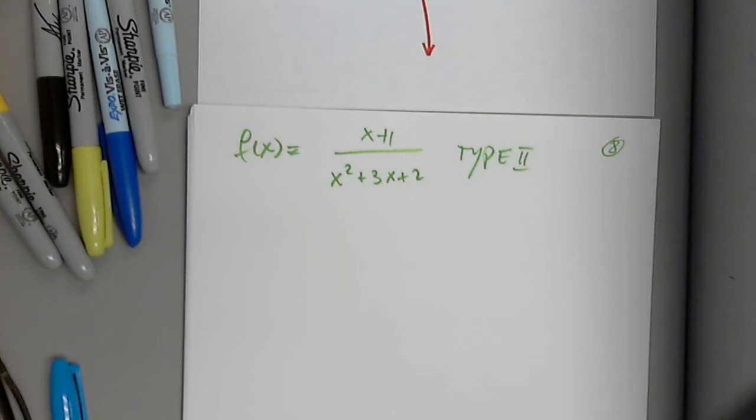Yes? Oh, no. Type 3 is higher than the numerator. Yeah, type 3 is more sophisticated a little bit. Okay, type 2. So what would you do first, right away? Yes, but before domain, if I don't factor it, I will not know how to find the domain, right?